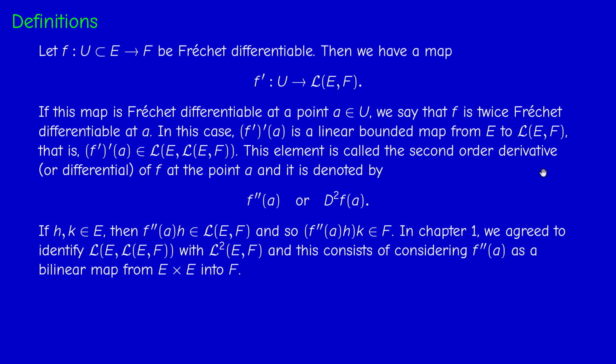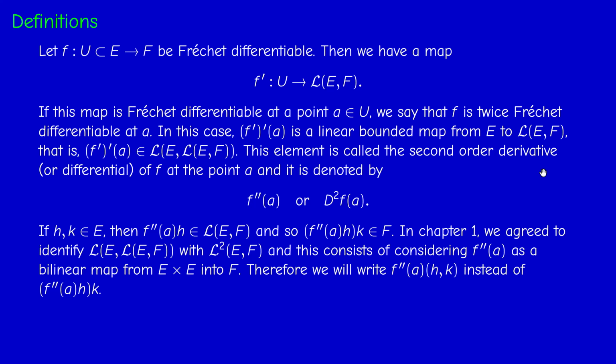Okay, and as you said, we can consider the second derivative as a bilinear map. So instead of writing F double prime at A in the direction H in the direction K, we simply write F double prime of A at HK.